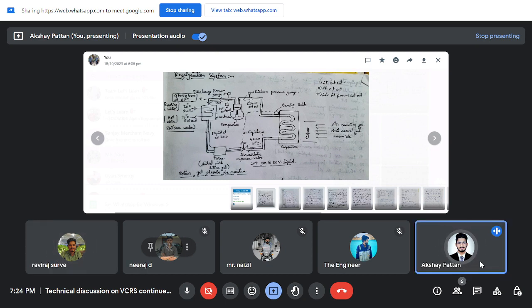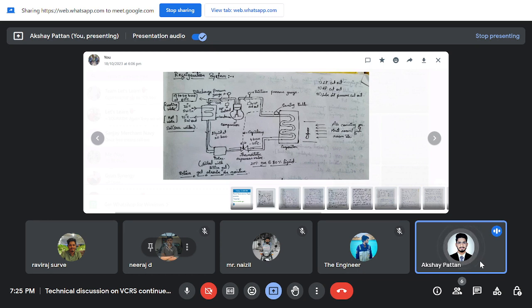Look, actually, in the marine field nowadays, we are using R134A refrigerant only. All the explanation is with respect to R134A only. So these approximate temperatures and pressures are with respect to R134A only. The interviewer is expecting this only, not any other refrigerant. The important key here is that you mention that it depends on the type of refrigerant used.